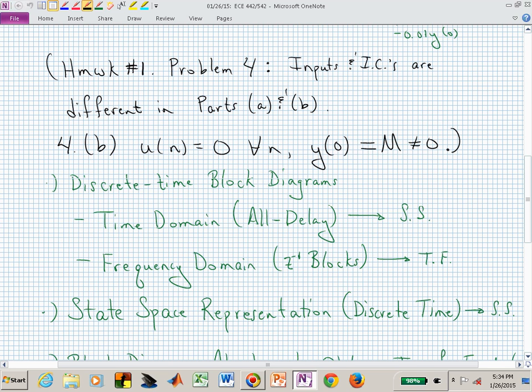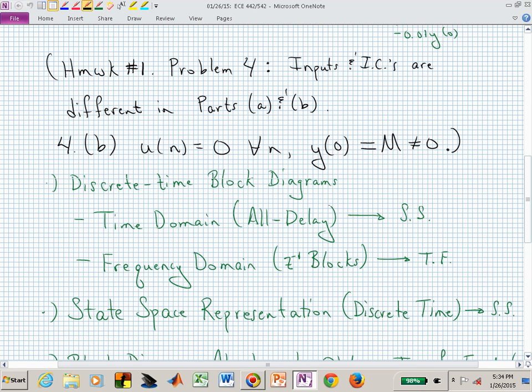Those can be completely separate. In part A, you're given no initial condition and some input value, and you're asked to just recursively find the response due to that applied input.